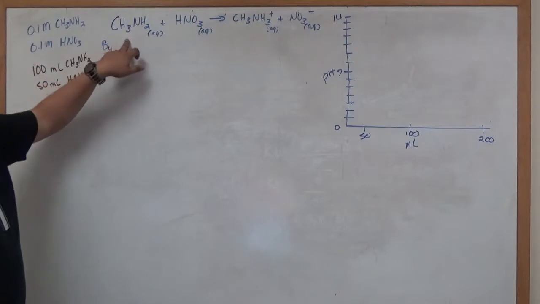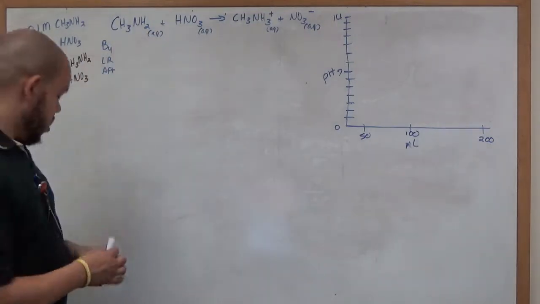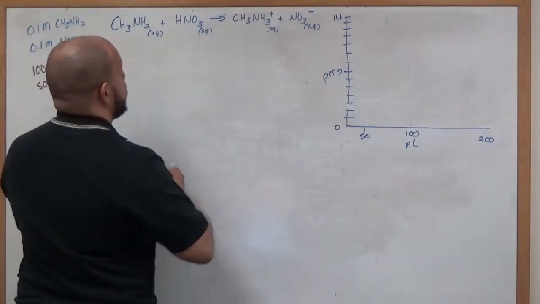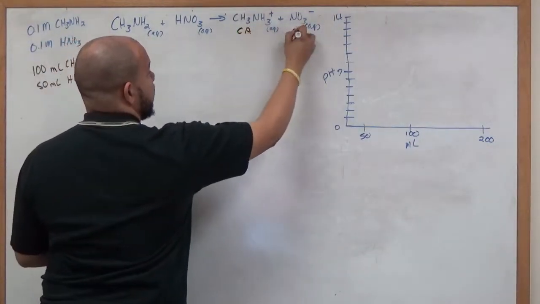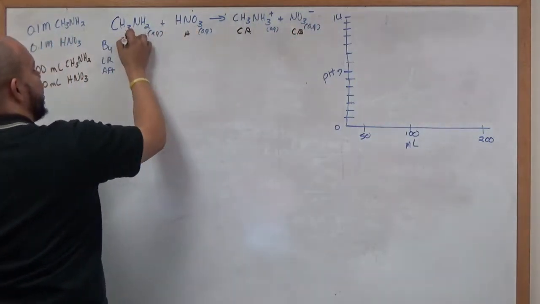So here we are now dealing with the creation of a conjugate. If we remember, we are dealing with a conjugate acid. Now nitrate is a conjugate base, however it is neutral, and here we have an acid and a base.